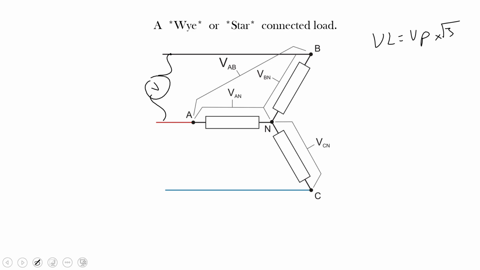So if this was 120 volts times root 3, it should read approximately 208. I think it's about 207.8 volts, something like that. Now, how do we come up with that? That's what we're going to be working on for this next portion on these line voltages. And we have to come up with a formula for this.